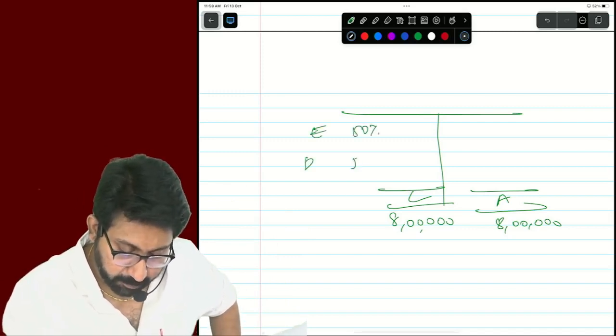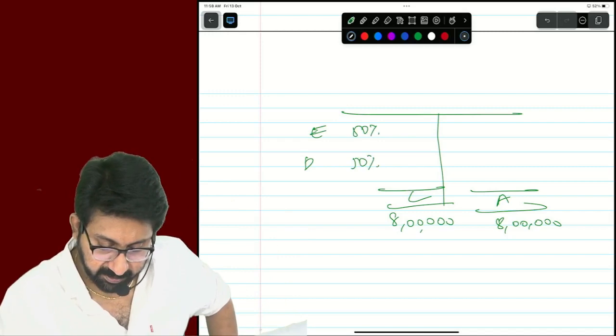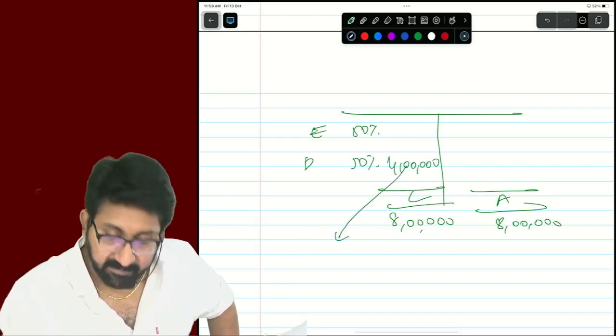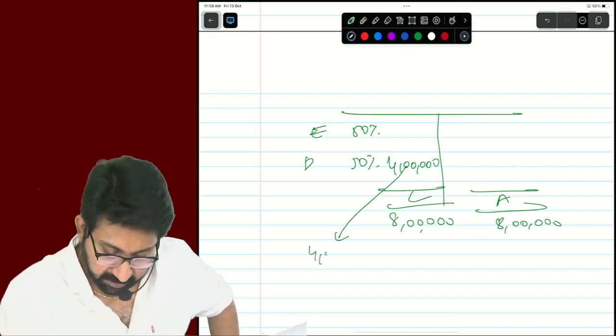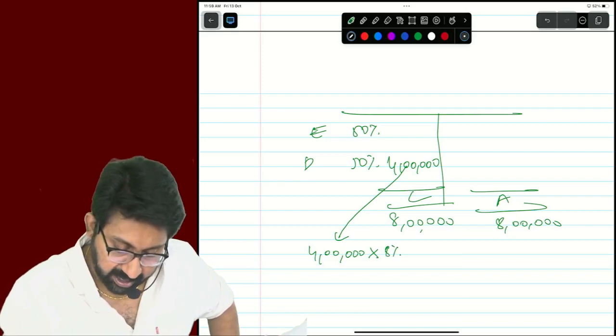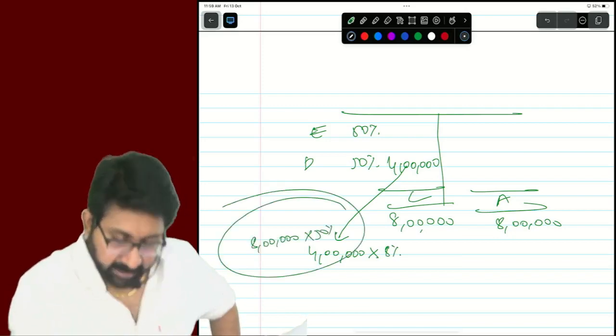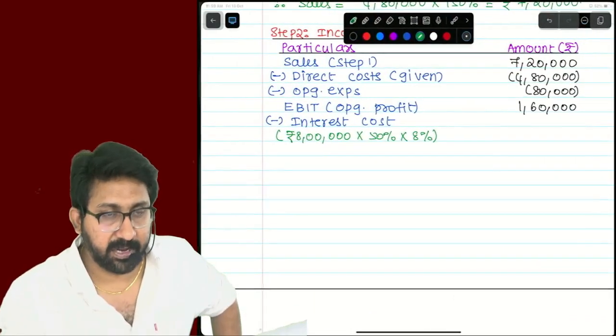How much is the debt portion? 50. 50% of 8 lakhs is how much? 4 lakh. In this 4 lakhs, in P&L there will be interest or not? How much it will be? 4 lakh into 8%. How this 4 lakh came? 8 lakhs into 50%. Did you understand what we have done?